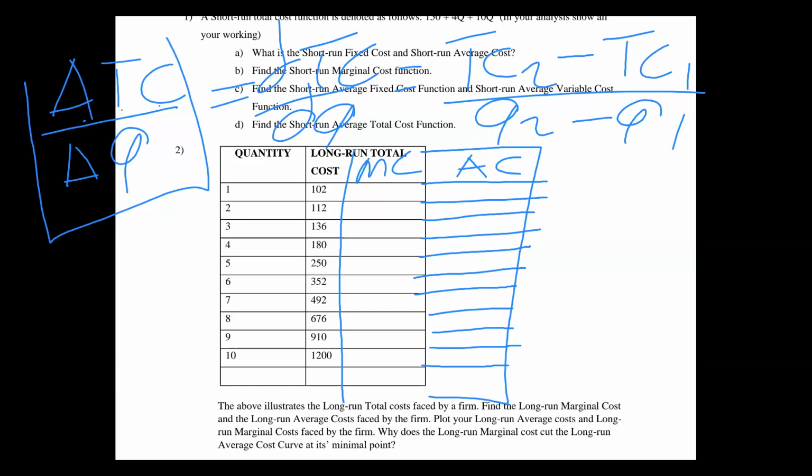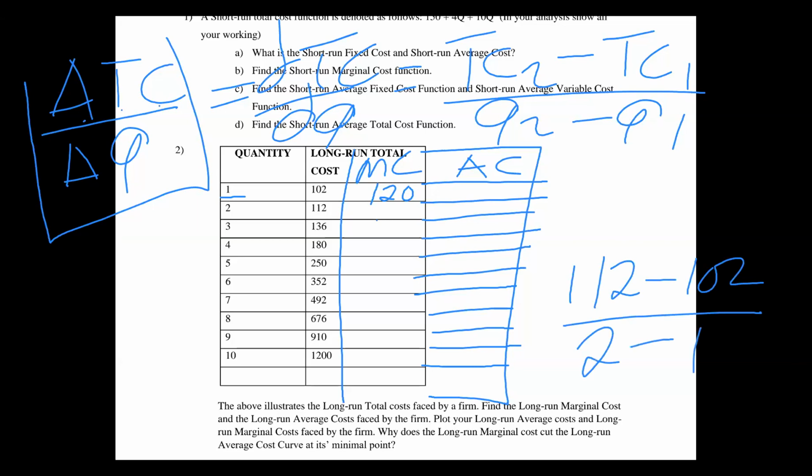So let's look at that now. At unit number 1, the first level of output, marginal cost shall equal total cost. So you'll have 120 here. Then to find the marginal cost here, you say 112 minus 102, which is the total cost 1, divided by output 2 minus 1.